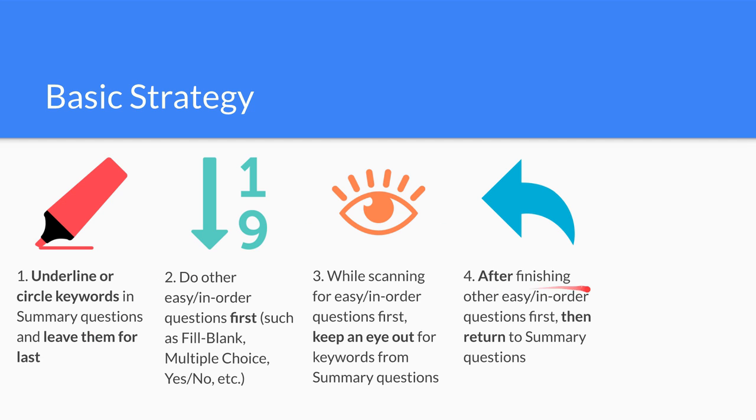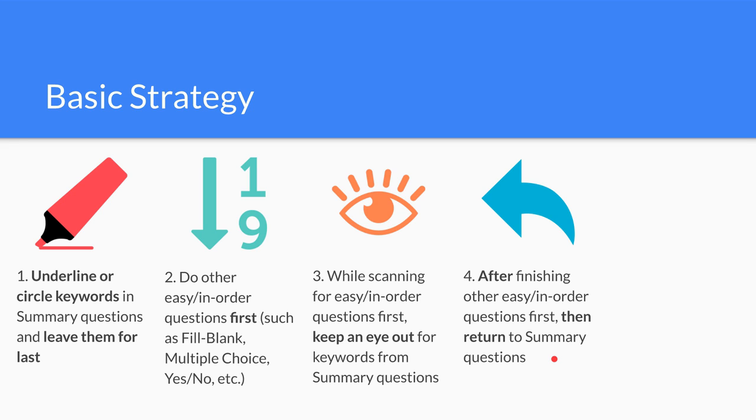So, once you have finished answering the easy questions that are in order first, once you are done with that, then and only then should you return to the summary questions. Okay? Because these are harder questions, and you will notice that this is something that you have to do for all the questions that are hard.